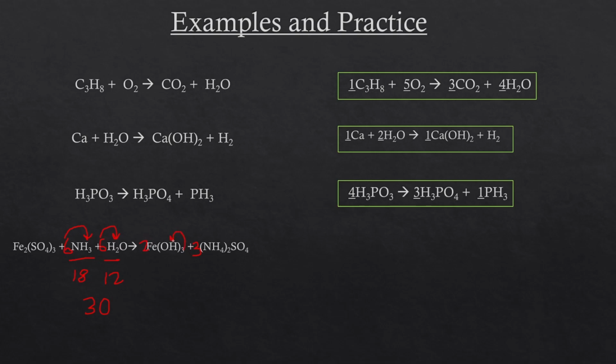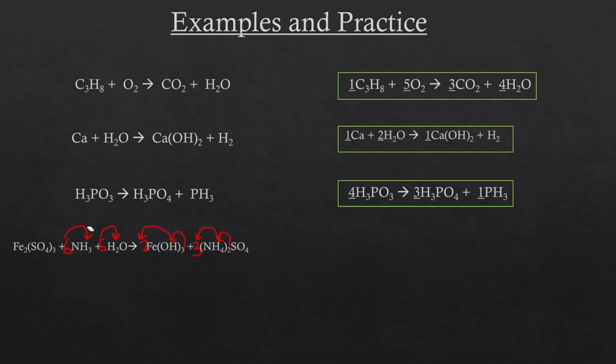So I have 3 hydrogen times 2. So 3 times 2 is 6. Plus, we have 2 times 4. That's 8. 8 times 3 is 24. 6 plus 24 is 30. So 30 equals 30. And it looks like our hydrogens are all balanced on every side.